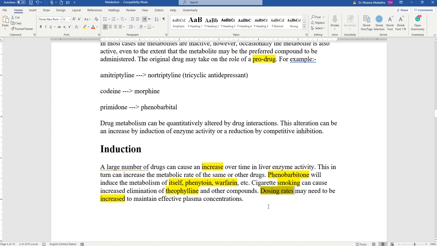But as I said previously, you need to be very careful, because if you are talking about prodrug, then the dosing rate might need to be decreased بدل ما هو increased. Okay, decreased بدل increased في حالة prodrug.